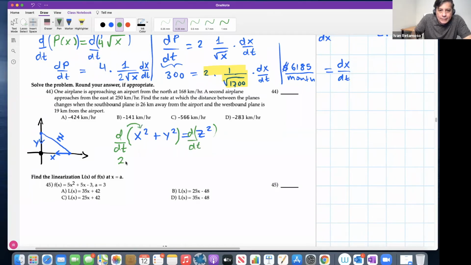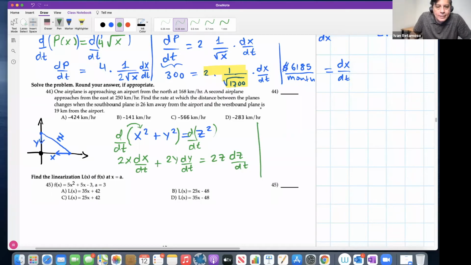You will see twice x here, dx dt, plus twice y here, dy dt, equal to twice z, dz dt, since we're taking the derivative with respect to time, right? This is the relationship between the rates of change. Let's substitute what we have.